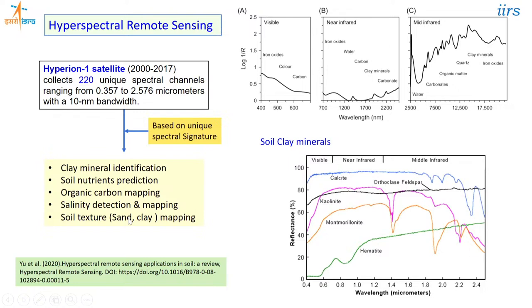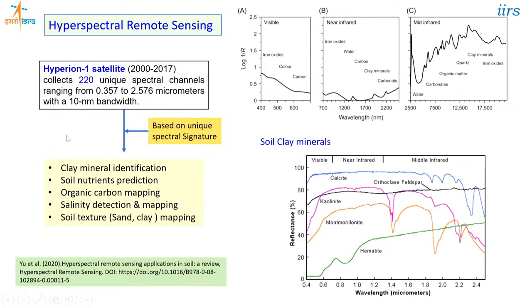And here you notice that I have not written mapping of soil. It is mapping of individual soil properties or mapping of individual soil constituents. And these are based on the unique spectral signature.